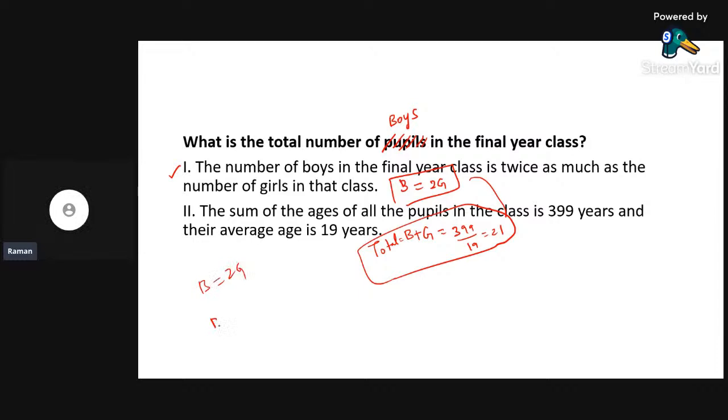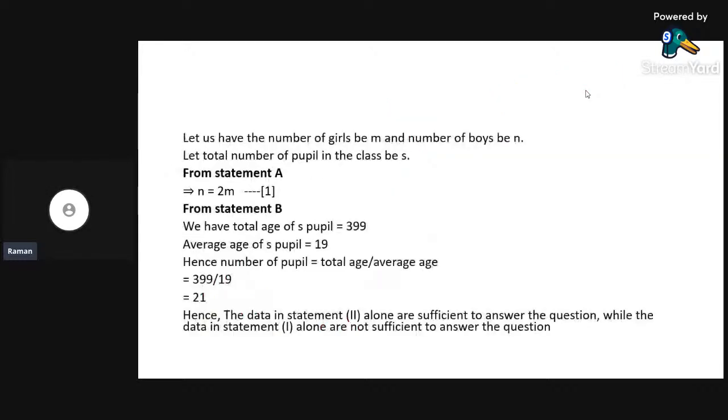B is equal to 2G, B plus G is equal to 29. So G will be 21, and B will be the bottom. Very good, yes, Sahil. Thank you.